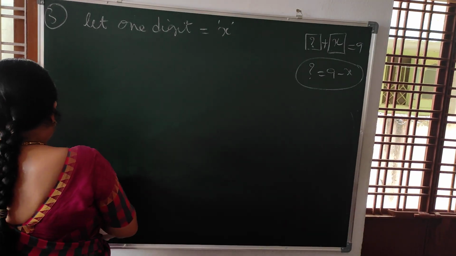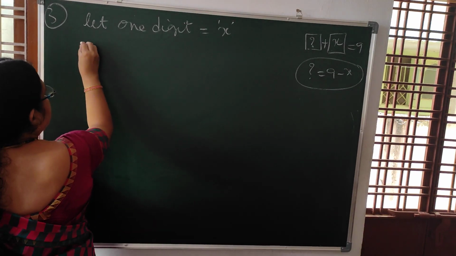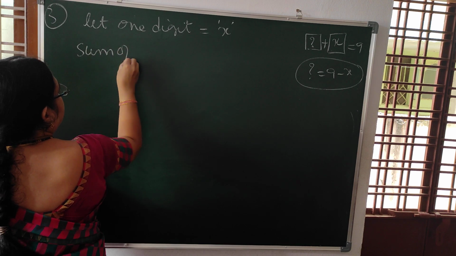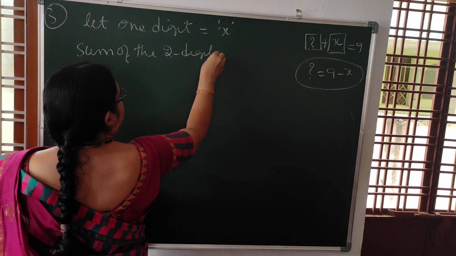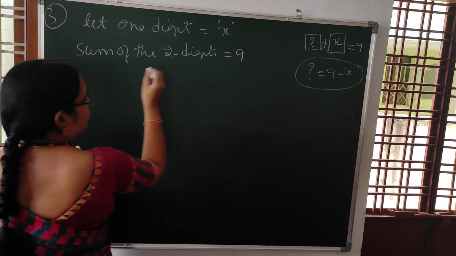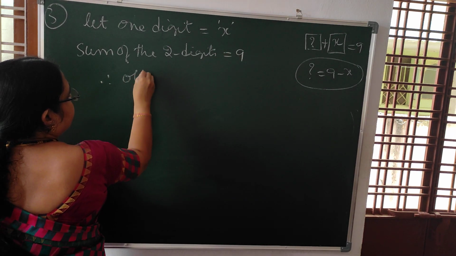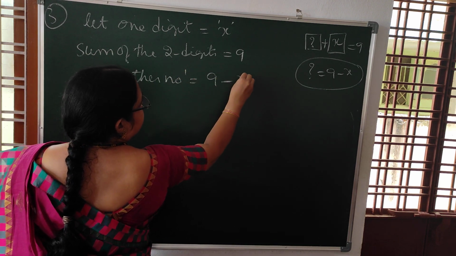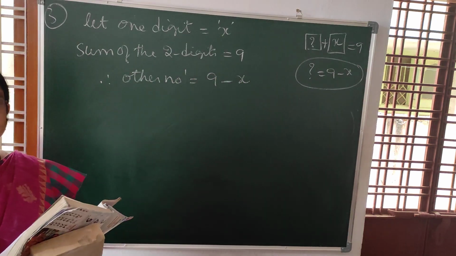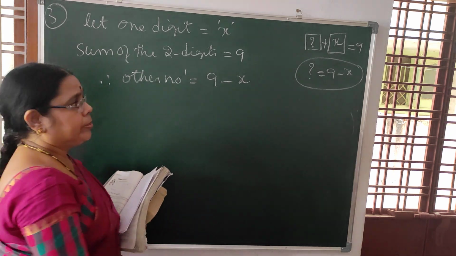So the sum of the two digits is given as 9. Therefore, the other number is how much? 9 minus x. The other number is 9 minus x.